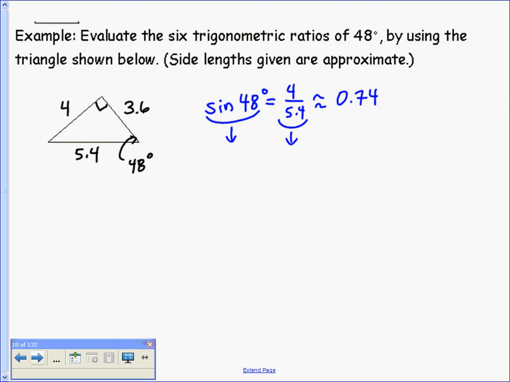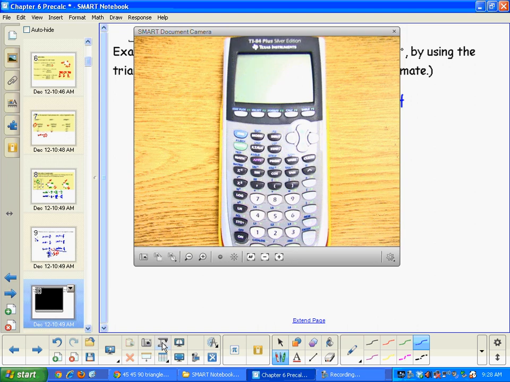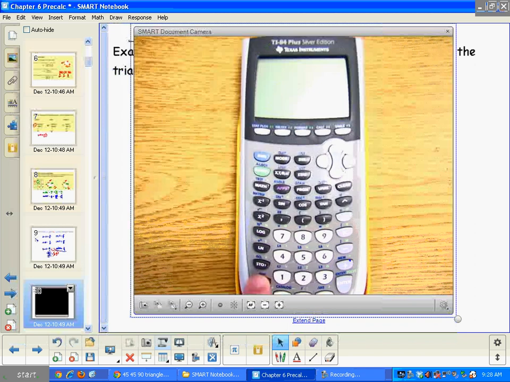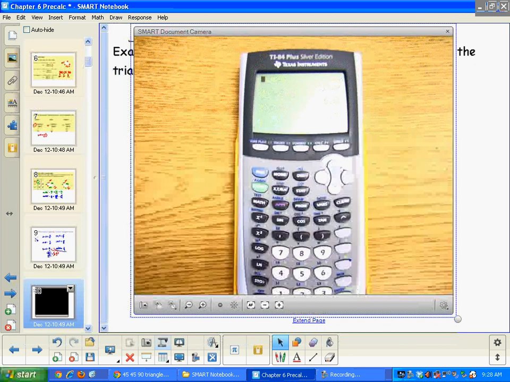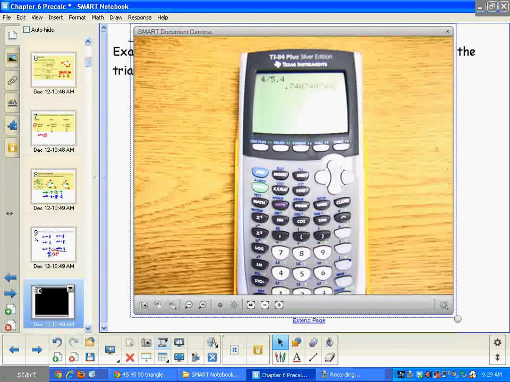And there's a sine key on your calculator, let's just show you what I mean here. So if I do 4 divided by 5.4, I get approximately 0.74.